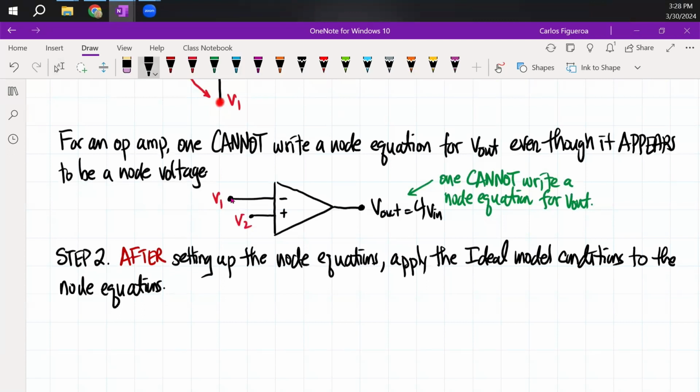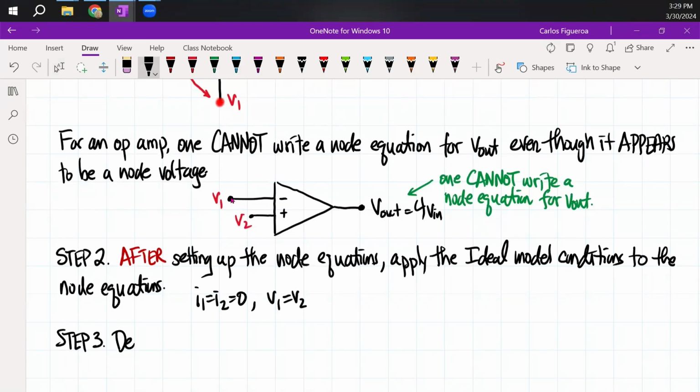What you're going to find out is that you're going to have too many unknowns. And by looking at the ideal conditions of I1 equals I2 equals 0 and V1 equals V2, you're going to have an equal amount of equations and unknowns.